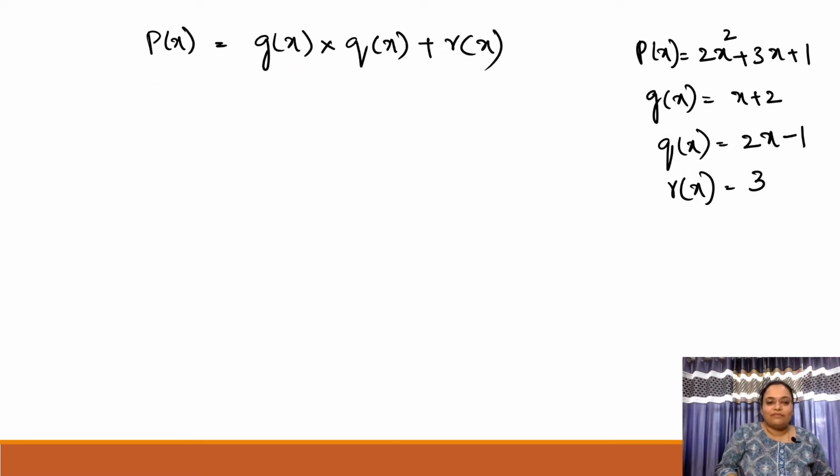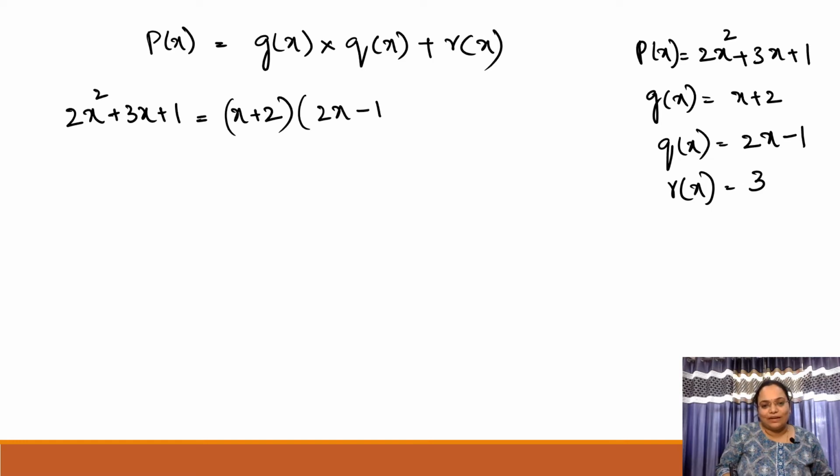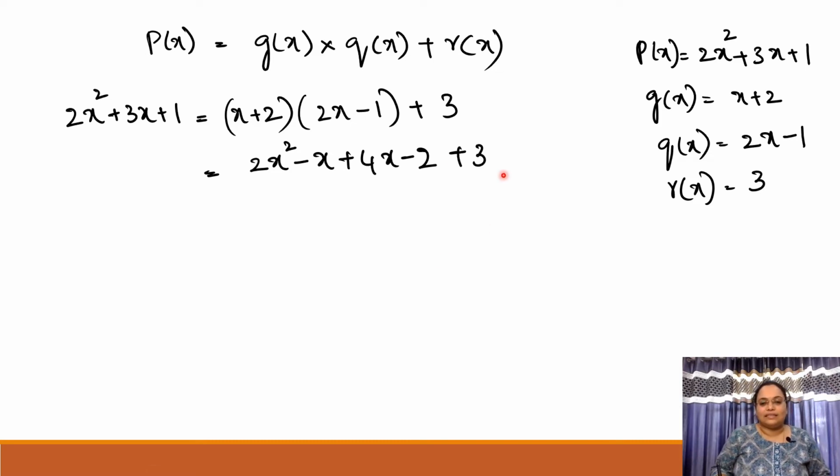We know that p of x is 2x square plus 3x plus 1. G of x is x plus 2 and q of x is 2x minus 1. Now multiply these both. That will be 2x square minus x plus 4x minus 2, and plus 3 I will write as it is.